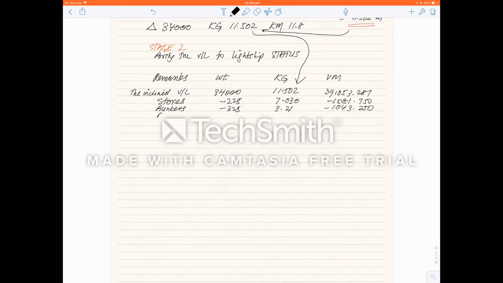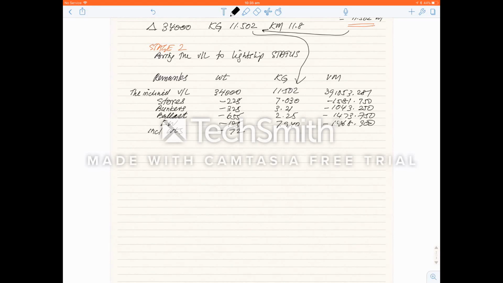Then we have ballast. It's not a part of light ship, so we must take that out. Fresh water is not a part of light ship. Take that out. Inclining weights, the weights that you use for inclining, are not a part of light ship.